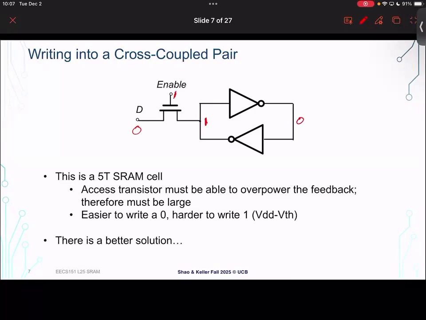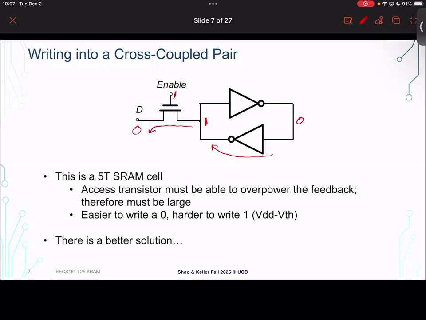What's going to happen? Well, we see something very interesting, which is that this transistor, the enable transistor, is trying to pull down the value from 1 to 0, but it's fighting against this feedback inverter, which has an input value of 0, and so it's trying to output a 1 still.